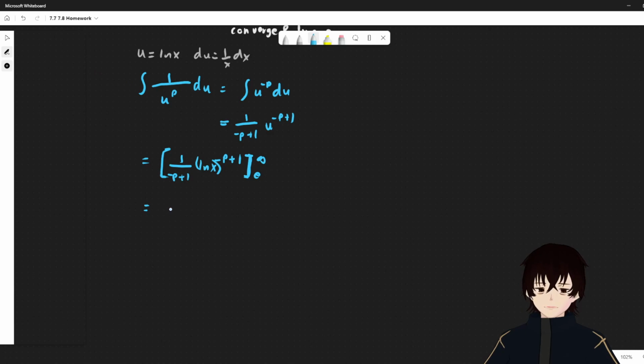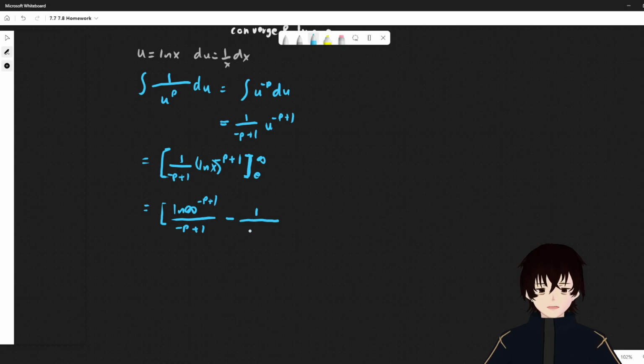Therefore we get natural log of infinity to the power of negative p plus 1 over negative p plus 1 minus natural log of e, which is 1 to the power of anything is 1.